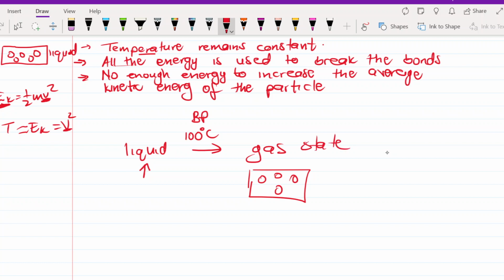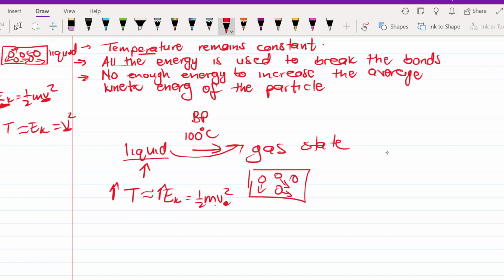What is happening here is that when you increase the temperature in the liquid state, you are also increasing the average kinetic energy, which means you are increasing the speed of the molecules. The molecules are moving at a higher speed. That's when at the liquid state they collide with each other, collide with the walls of the container, and change from liquid to gas molecules.